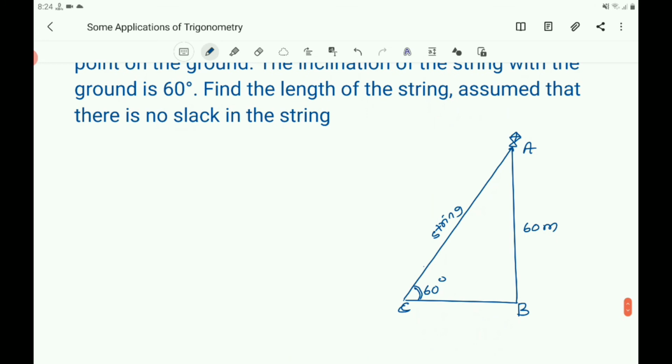So you write here, solution. Let A be a kite with height AB.